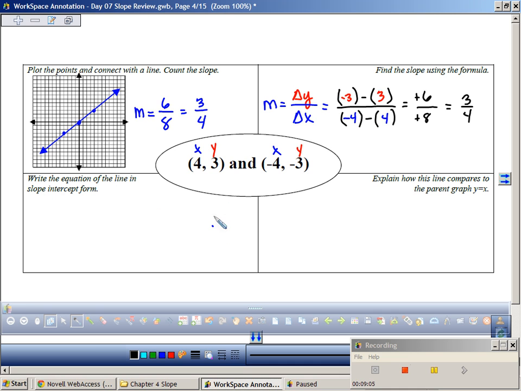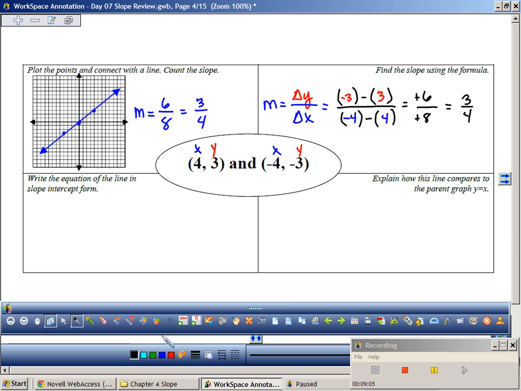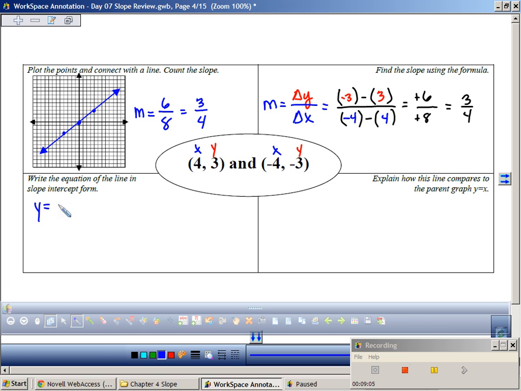All right, so let's write it in slope-intercept form. Aaron, can you tell me what slope-intercept form is? Y equals, you remember? Starts with an M. Good job. MX plus B. Aaron, pick somebody. What's our slope? Okay, Philip.